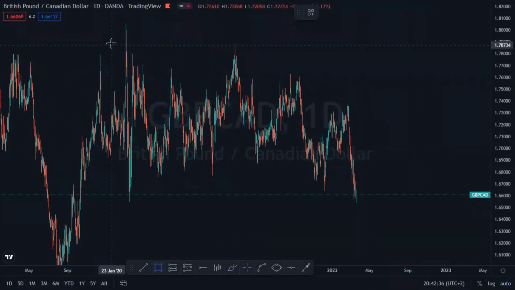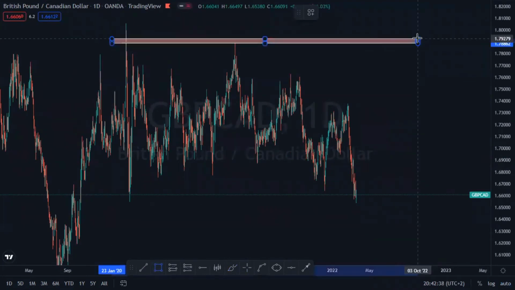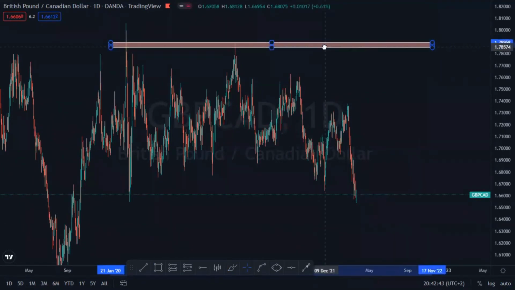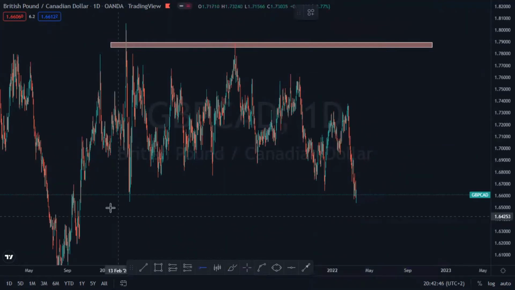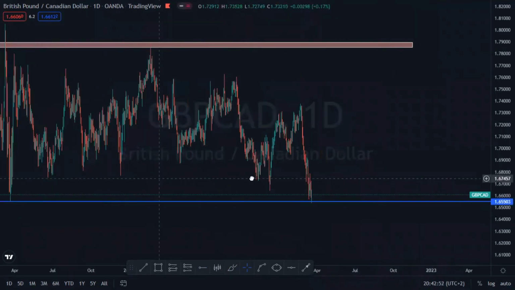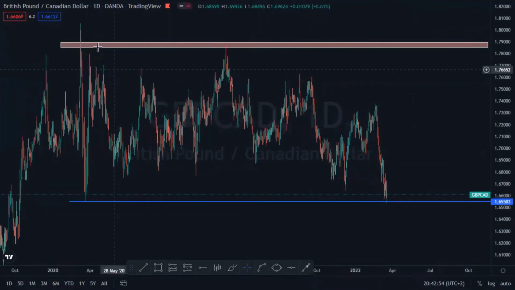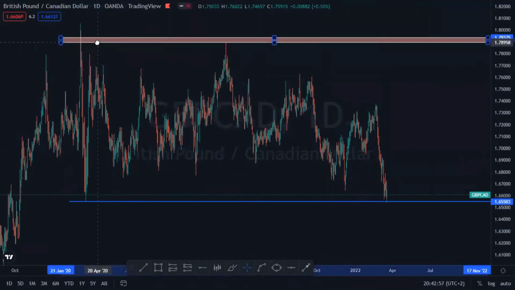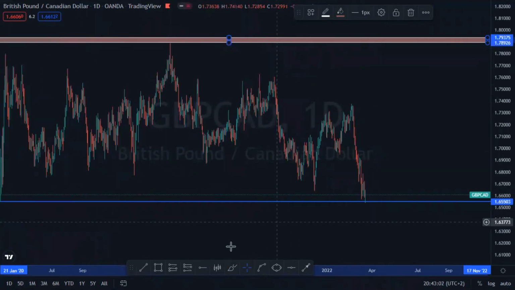As you guys could see here, we have a resistance, right? And also here we have a low, which is a support. And one thing that I noticed is that we are actually trading between these two levels, between this resistance and our support.